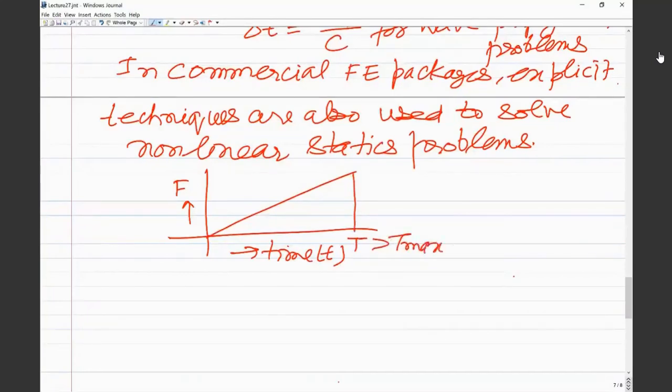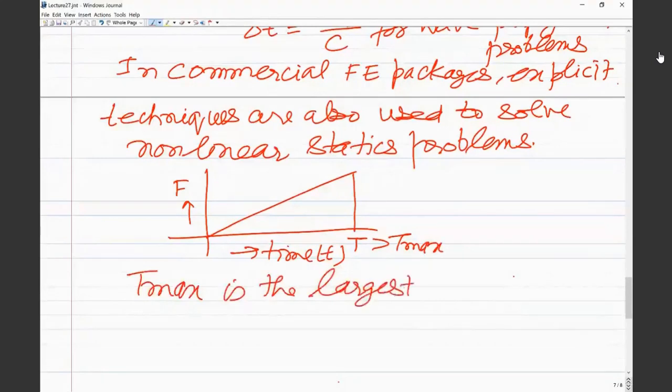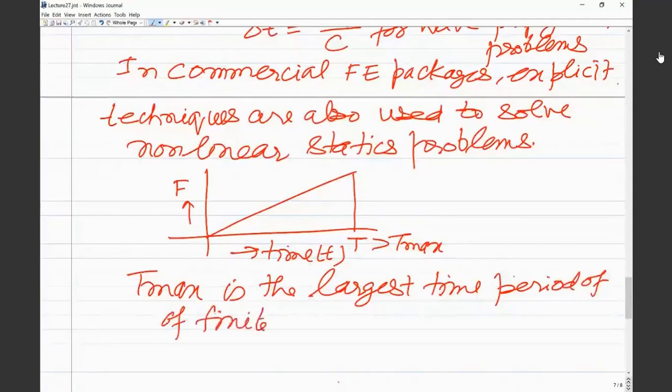T max is the largest time period of the finite element assembly, which corresponds to the lowest frequency.